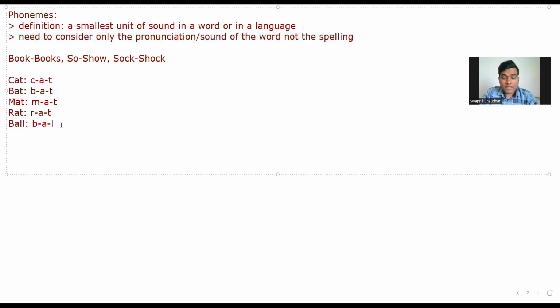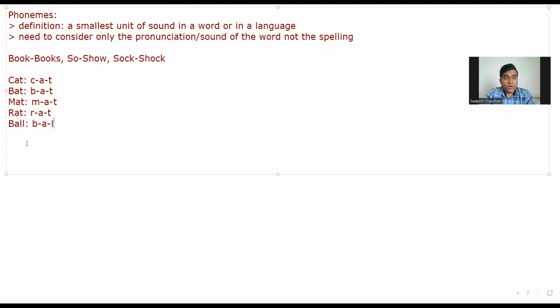So over here, this word ball, although in spelling we have two L letters, if you see, we pronounce it only once, ball. We don't say ball, ball. No, we just say ball.